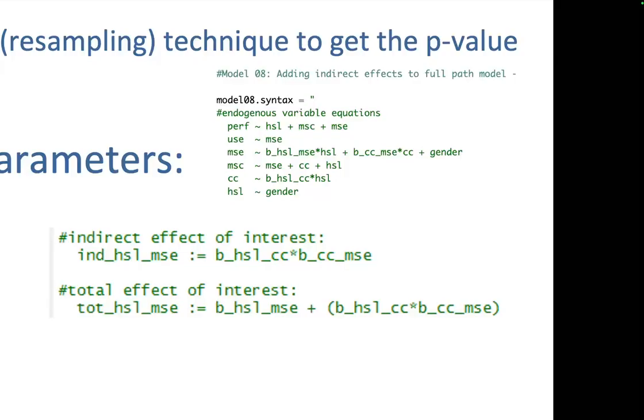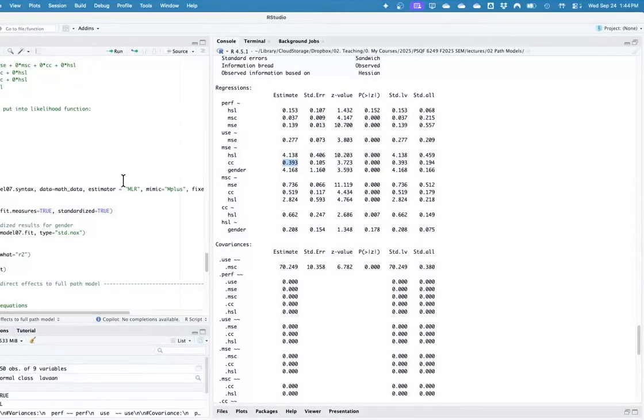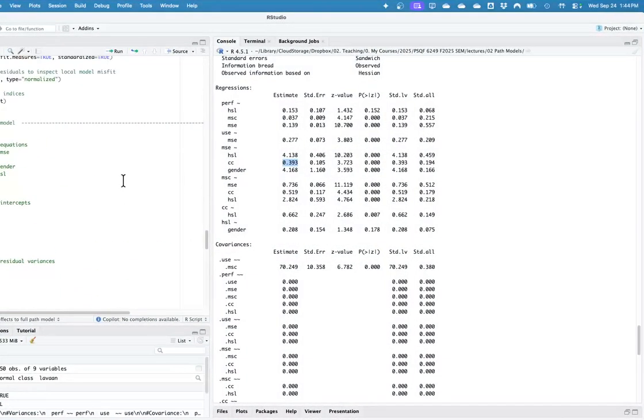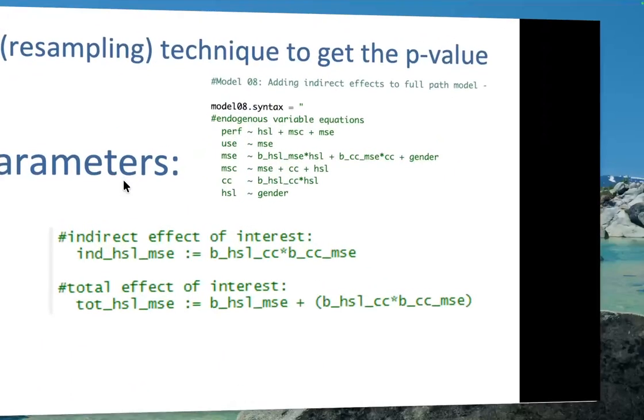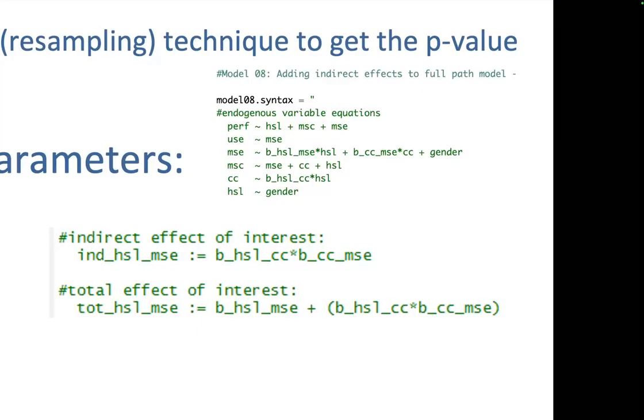There is no parameter in the original syntax I have in my model, right up here, you'll note there is no parameter named BHSLCC. And there is no parameter named BCCMSC. So what I have to do is provide that label.